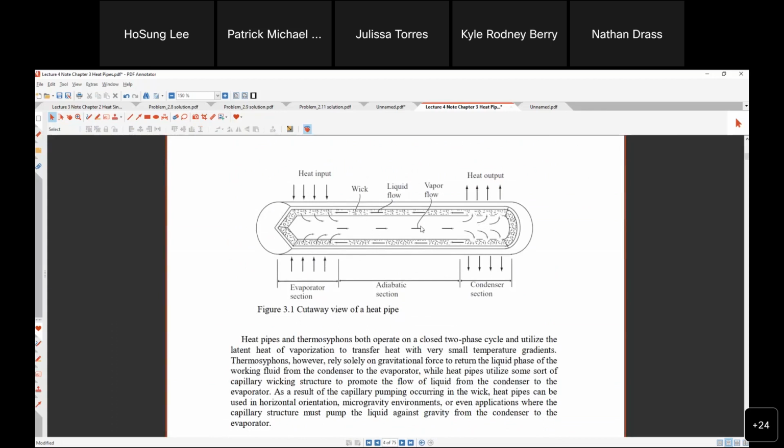It depends on the temperature. This fluid, one side is cooling, and the other side is heating. Okay, that's an application. So one side is cooling, the temperature is lower, and the heating side, the temperature is higher.